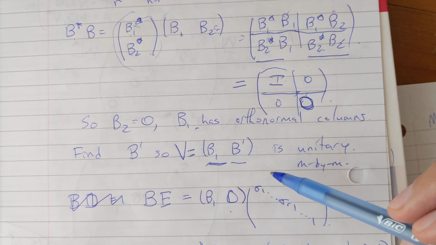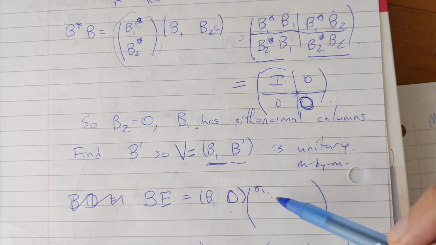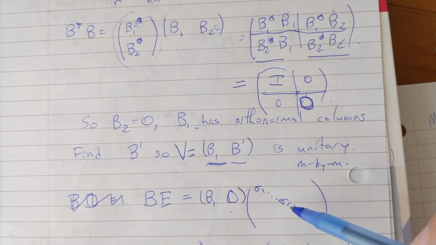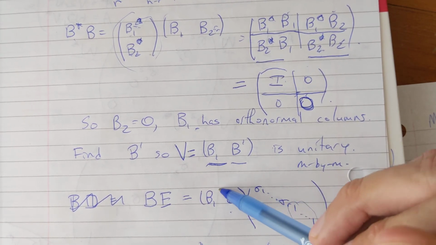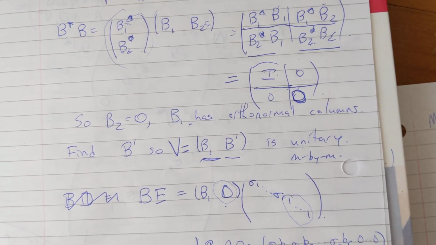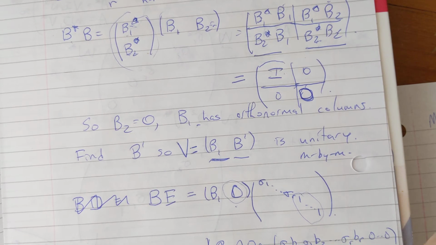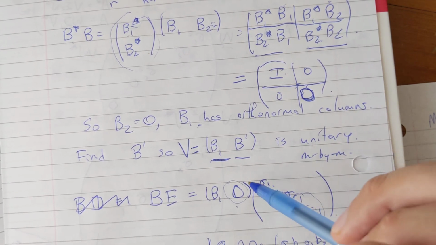If you multiply this out, it just has the effect that each column of B1 is multiplied by its corresponding singular value, and the identity block gets multiplied by the zeros, so the rest of the columns are 0. That's the same thing you get if you take the matrix D, with singular values sigma 1 down to sigma r on the diagonal followed by zeros, and multiply it by the matrix B1, B prime, because B1 times this part gives you this, and B prime times all zeros gives you this. Same thing.